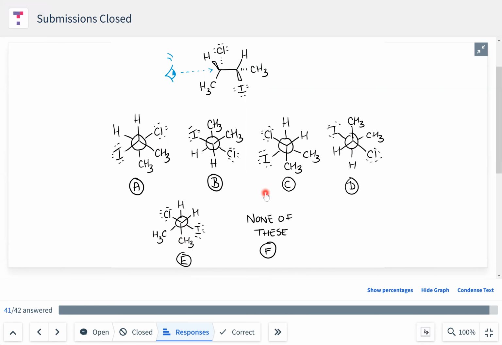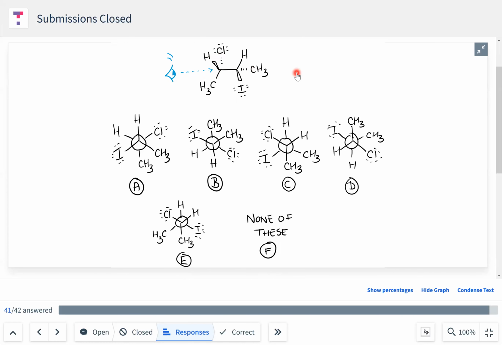Now, the next step is to make sure that you can tackle this a couple other ways. What I would typically do is look at the front carbon first and see what's attached to the front carbon. So when we're looking at this from this perspective, all of the dashed lines which are going into the board, so this chlorine or this methyl group, they are on our left-hand side because with our eyeball we are looking in this direction.